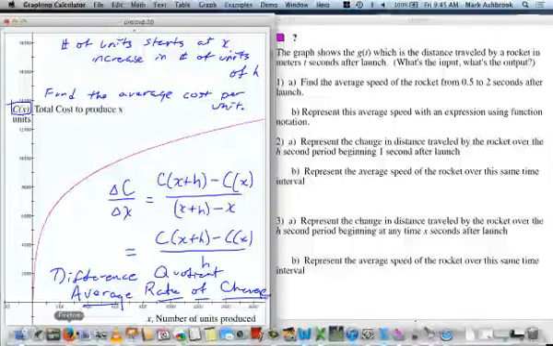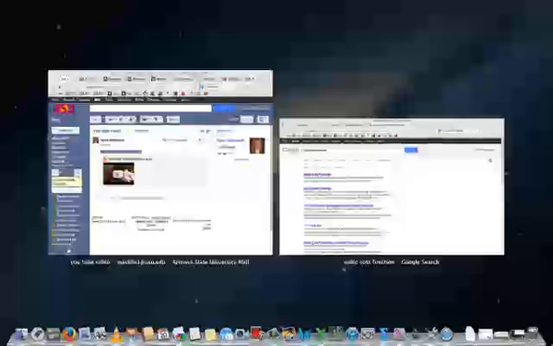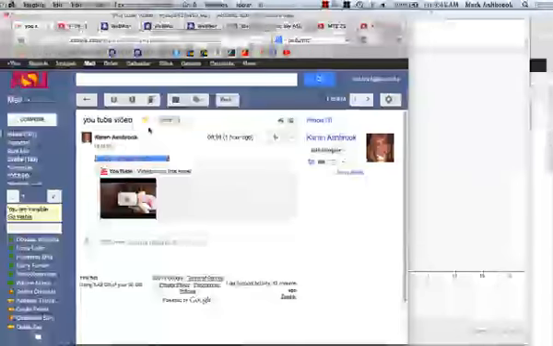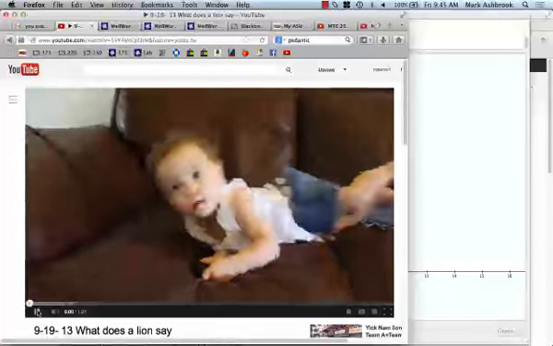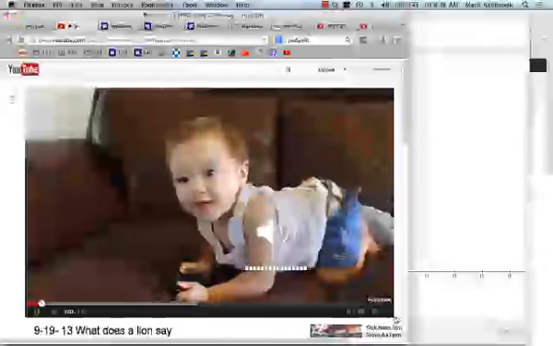Okay, it's Emma time. Emma, what does a cow say? Moo. Emma, what does the lion say? That's right. And Emma, what does a sheep say?